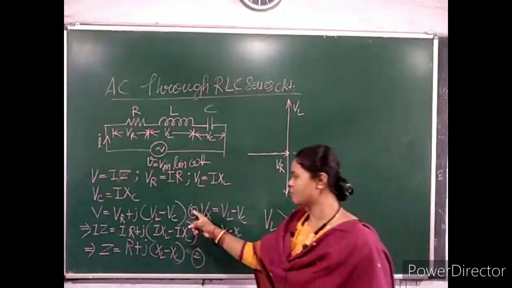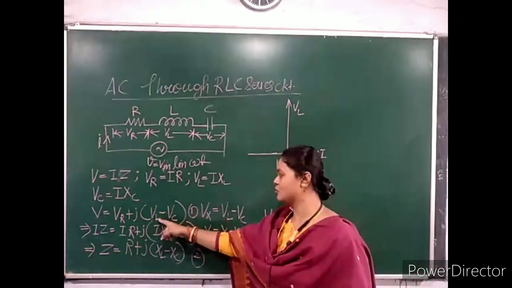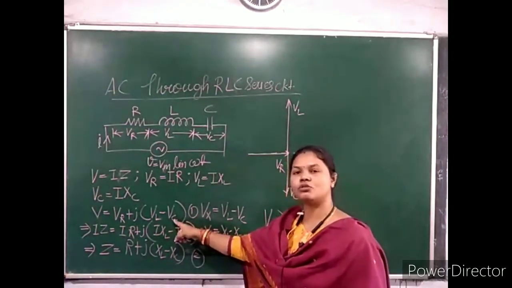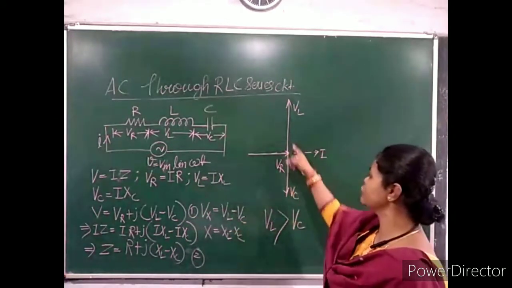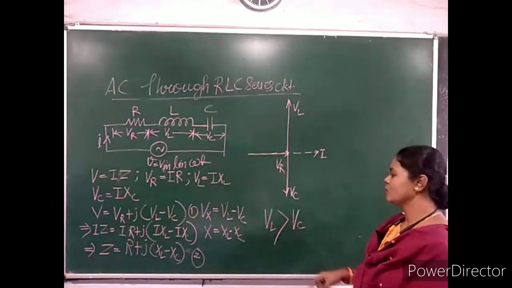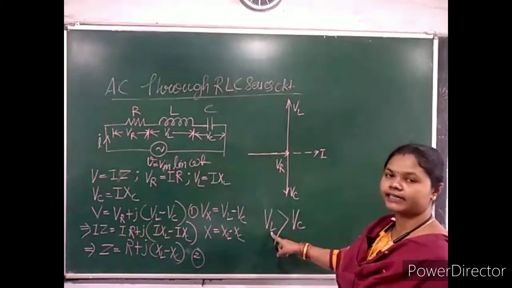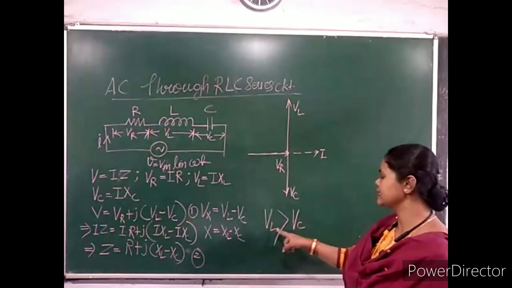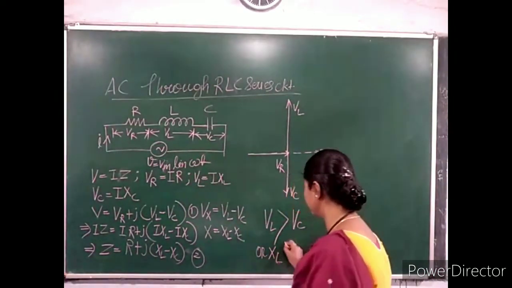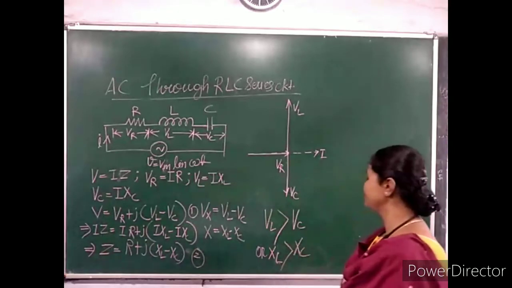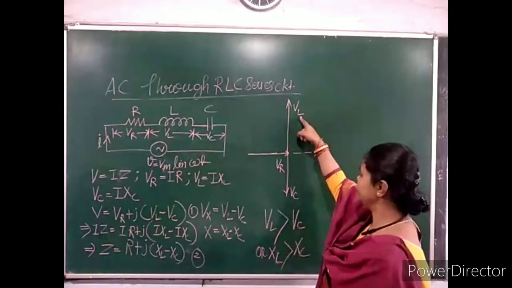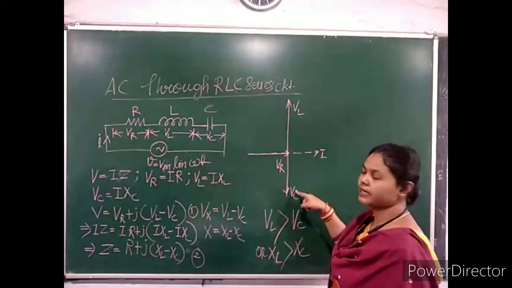As from this equation 1, you are very clear that the voltage due to inductive reactance and voltage due to capacitive reactance are opposite to each other. In the case where the inductive reactance, or you may say that inductive voltage, is greater than capacitive voltage, this inductive voltage tries to oppose the voltage due to capacitance.